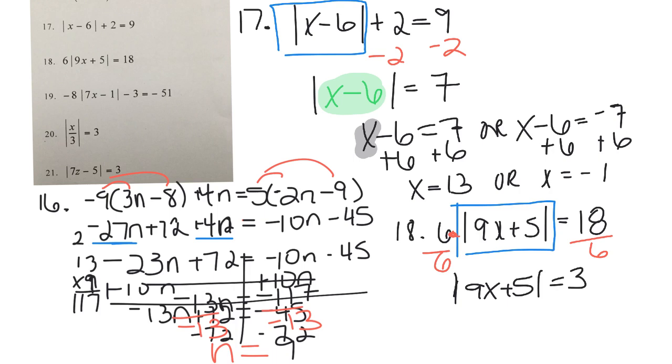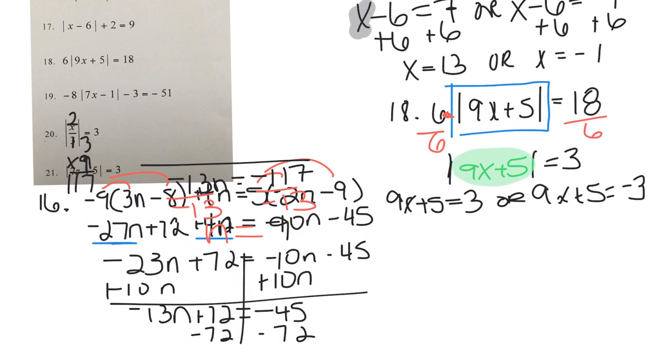Now what's inside, the 9x plus 5, can equal positive 3, or 9x plus 5 could equal negative 3.